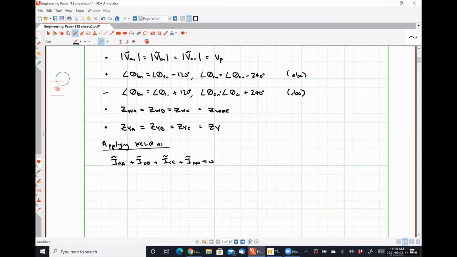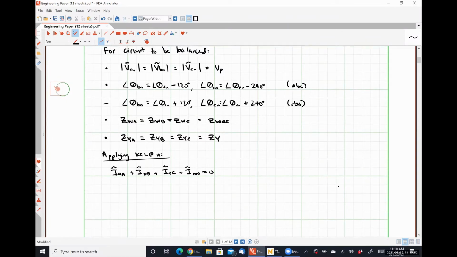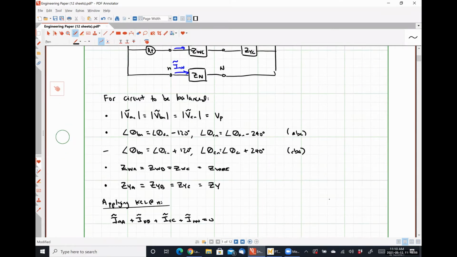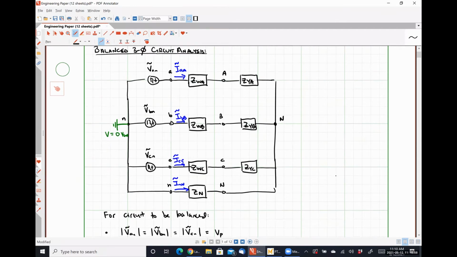I can use Ohm's law to re-express this quantity, okay? What I mean by that is my line current, IAA. Using Ohm's law, that current is originating at this point and terminating at this point.